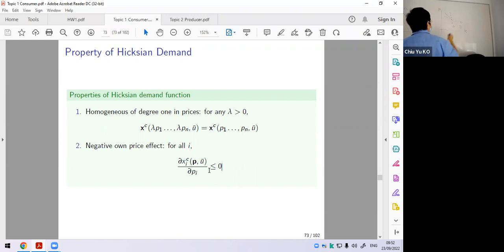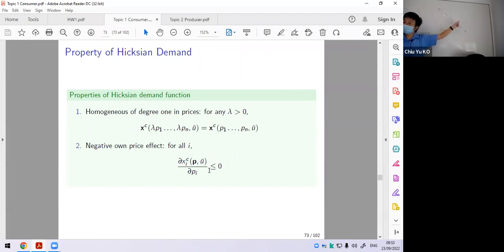Whether you have the blue one or the red one depends on the income effect, on whether the good you're considering is a normal good or inferior good. So it must be downward sloping. If this is a Marshallian demand, it can be either here or here.